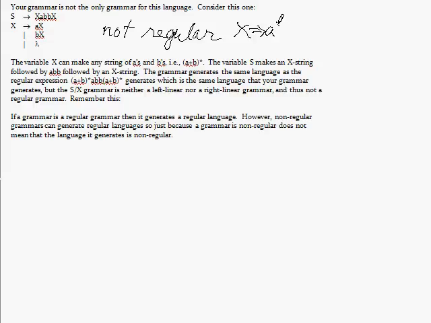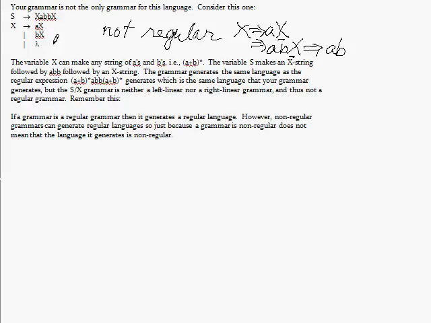If you pick AX, you'll get a working string of AX. If you then replace this X with BX, you'll have that A, and then you'll have BX. If you keep going, you can see that X makes any string that you want out of A's and B's. If you replace this X with lambda now, you just get the string AB.